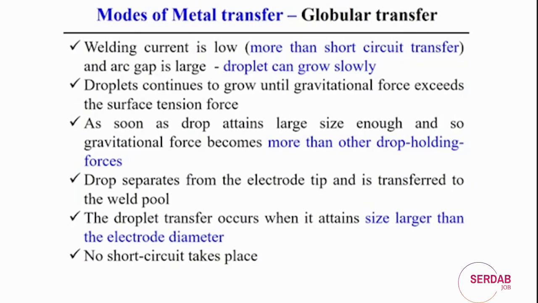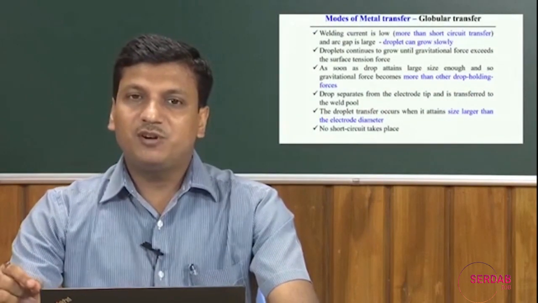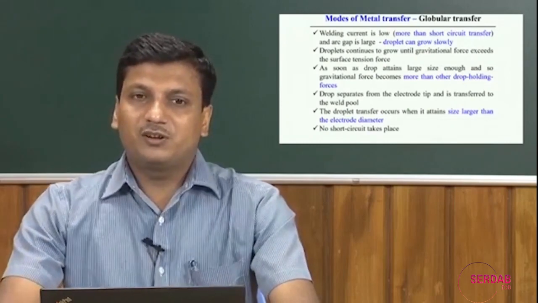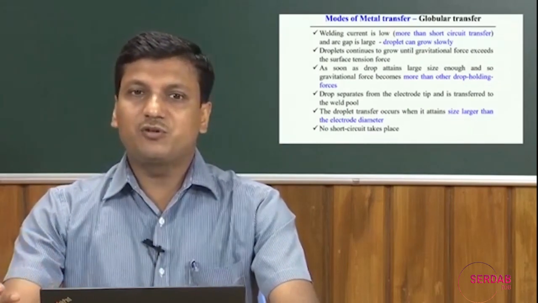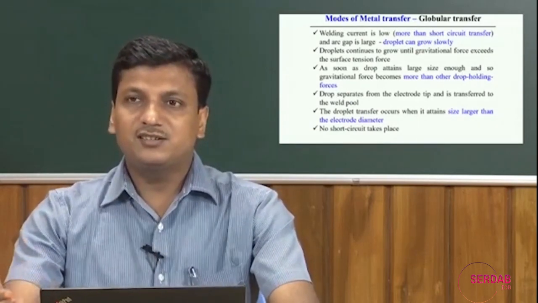The arc gap is also larger compared to the short circuit metal transfer, typically more between the electrode and the workpiece, so that the droplet can grow within that period of time. Since we are using a low welding current, the droplet grows very slowly, but it continues to grow until the gravitational force exceeds the surface tension force.